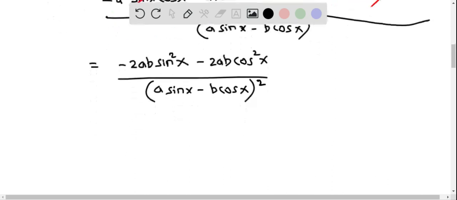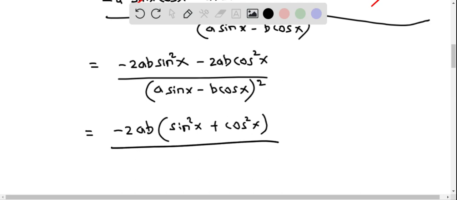We can simplify the numerator by factoring out negative 2ab. So I factor negative 2ab, and when I do that, I get sine squared x in the first term plus cosine squared x in the second term, all over the same denominator, a sine x minus b cosine x.